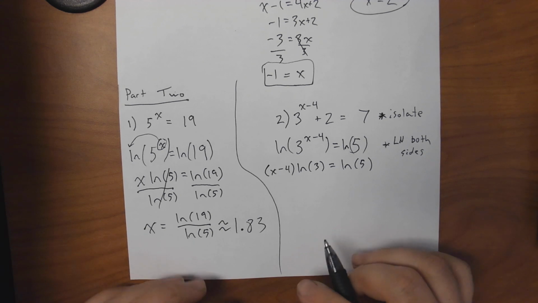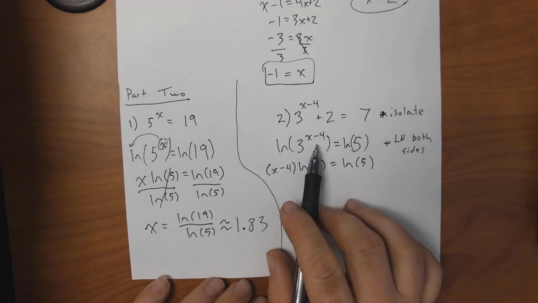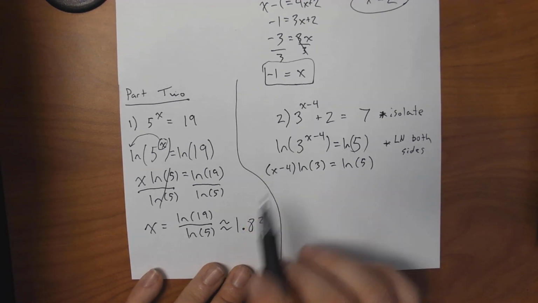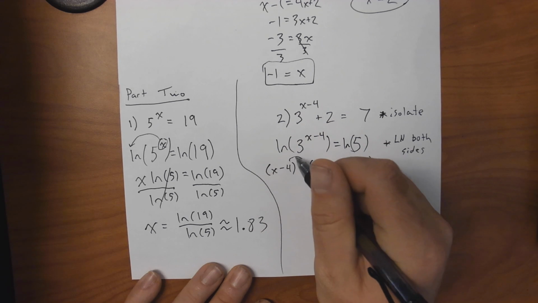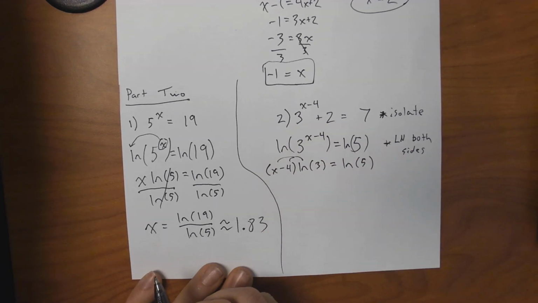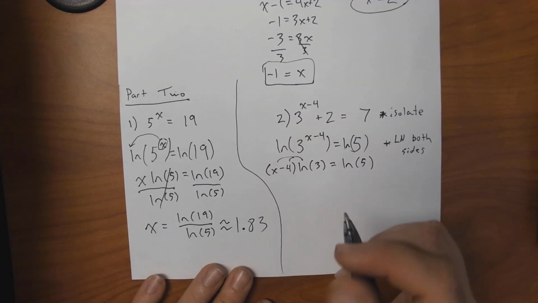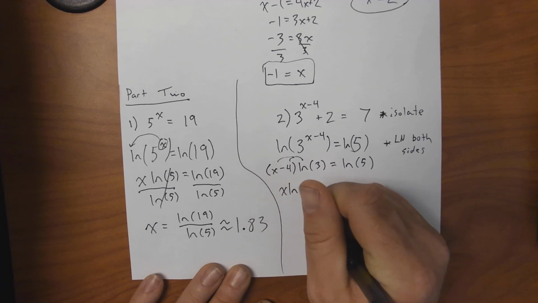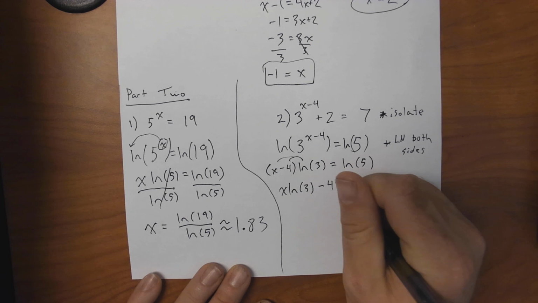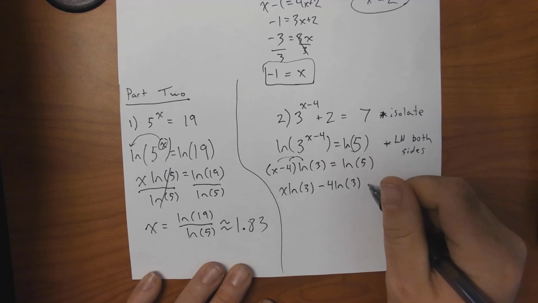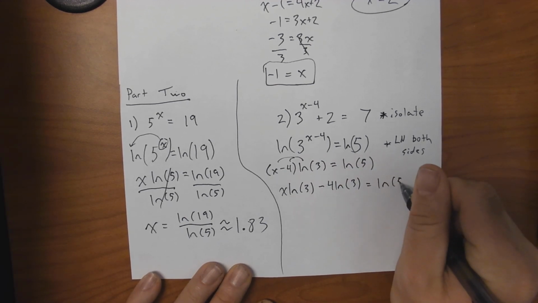Like that. So when I take that power and I pull it out front, I have to keep it in parentheses. And then I'm going to have to distribute that irrational multiplier. So I get x times natural log of 3 minus 4 times natural log of 3 equals natural log of 5.